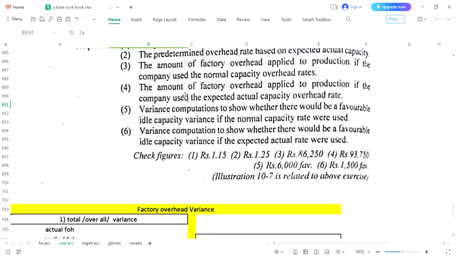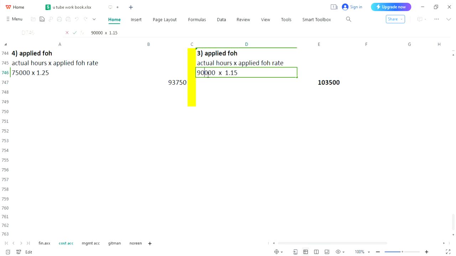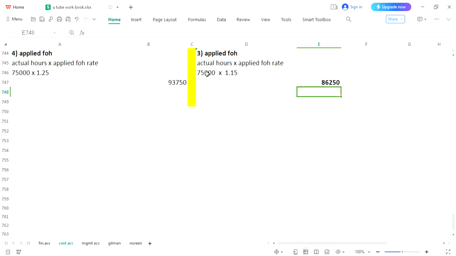Okay, the fourth answer was based upon expected actual capacity. So the fourth answer is 93,750 and our answer is 93,750. In a similar way, actual hours were 75,000 and we are going to put 75,000 over here. You can see that a word was missing which misled us on 75,000.